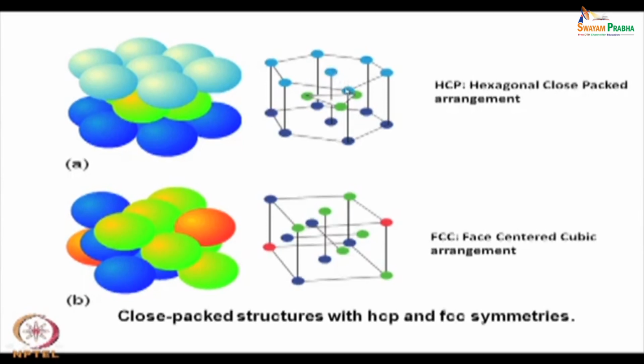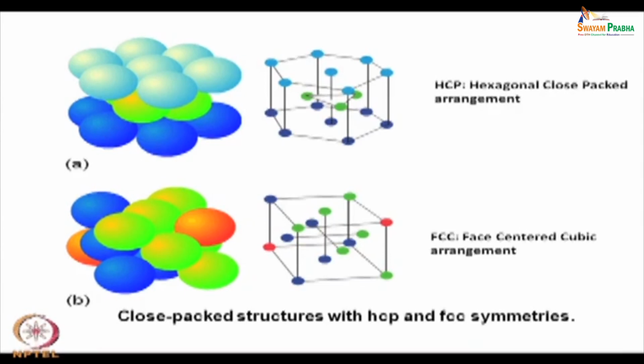So, it is easier for the atoms to move on the close packed planes than on the open planes, other than close packed planes. So, that is the importance of the slip plane when we are talking about the movement of the atoms. For that we always need to know what the slip plane is and which direction. There is not only the plane, but also we have the concept of close packed directions.